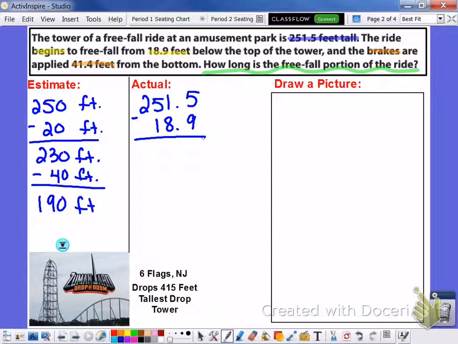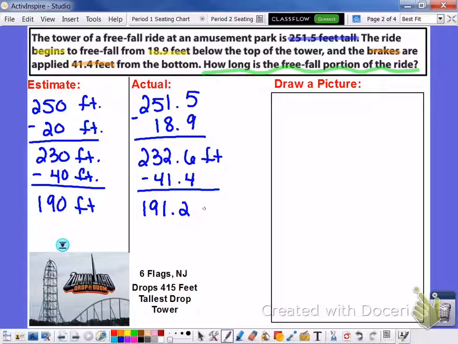So if we subtract that, we are now at 232.6 feet of free fall. But then we have to remember again, the brakes are applied exactly 41.4 feet from the bottom. So again, we're subtracting. Gives us 191.2 feet of free fall. Okay, so there's our exact answer.